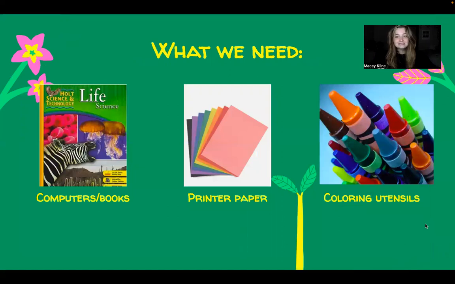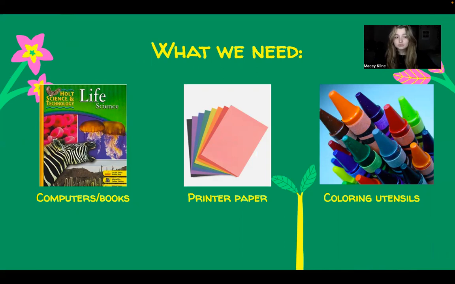This is a cute little slide I did for what we need. This is a very visual presentation, or it can be oral. I gave students that option. I put computers or books. I know a lot of schools now have iPads, Chromebooks, stuff like that.